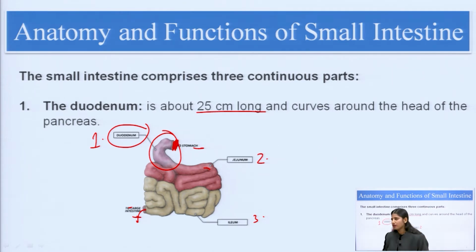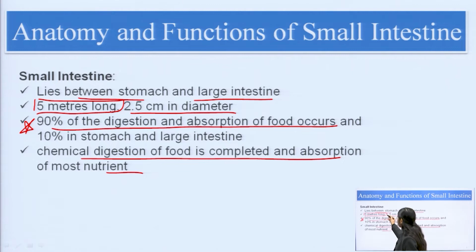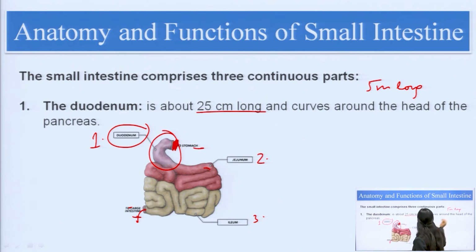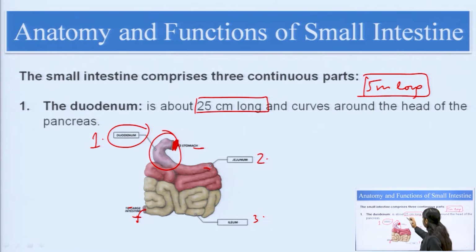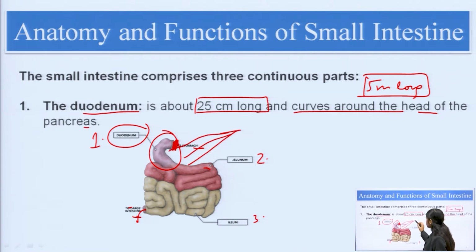The small intestine, as I told you and as we covered in previous slides, is approximately 5 meters long with a diameter of 2.5 centimeters. So, out of the whole 5 meters, 25 centimeters is the duodenum, and it curves around the head of the pancreas, this gland.